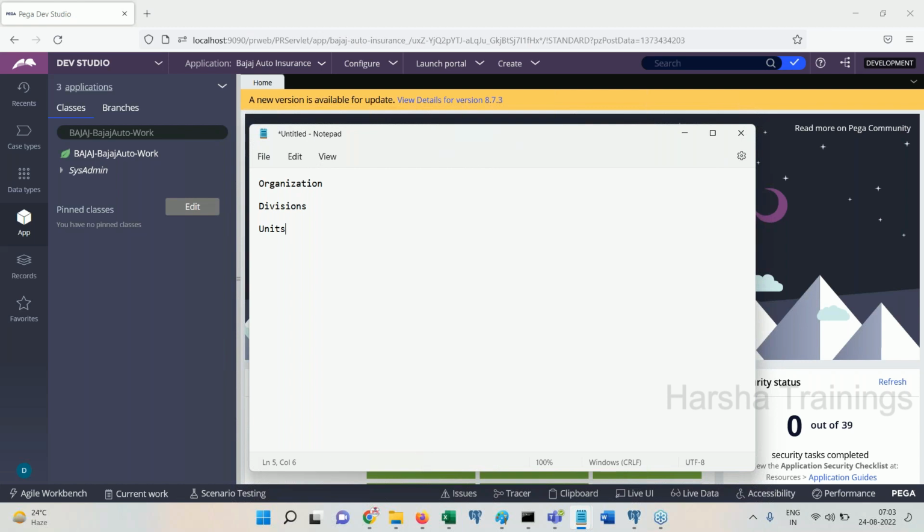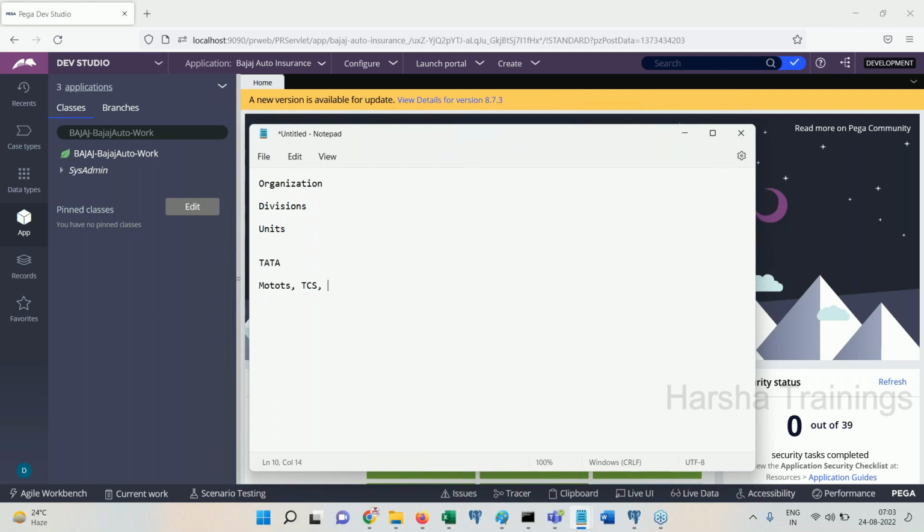For example, you tell me any organization name. Let's say Tata Industry. Tata is an organization, and under the Tata organization we have different divisions. What are the divisions under Tata that you are aware of? You can take any organization, that is okay. Tata has Tata Motors, Tata Consultancy Services, and what else?